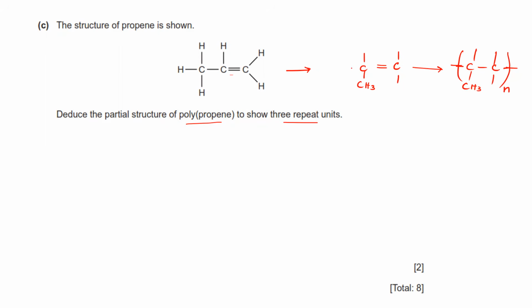So this is the partial structure, or you can call it n. So when we do polymerization of polypropene, you can say the base unit is CH, CH3, H, and this is my base unit n.